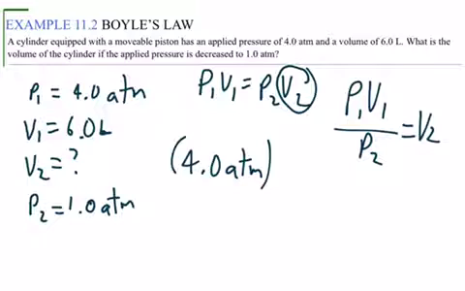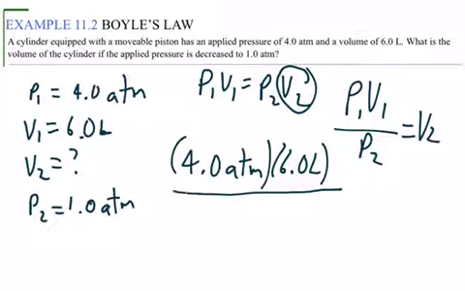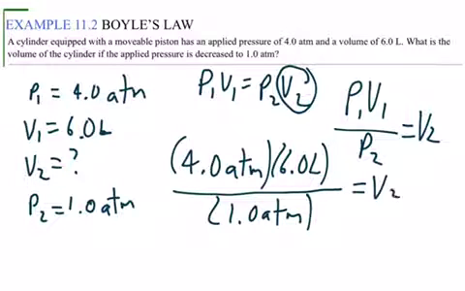The original volume is 6 liters. When you divide that by 1 atm, which is the final pressure, this will allow us to calculate the final volume. You'll notice that atm cancel. And then when you do the math and we round this to 2 significant digits, you're going to get that the final volume is 24 liters.